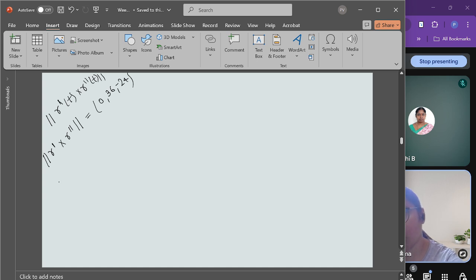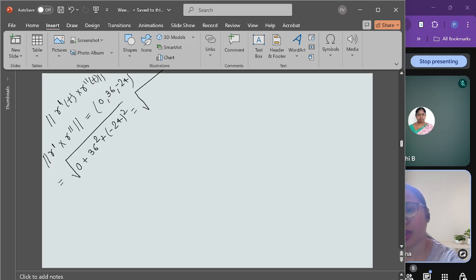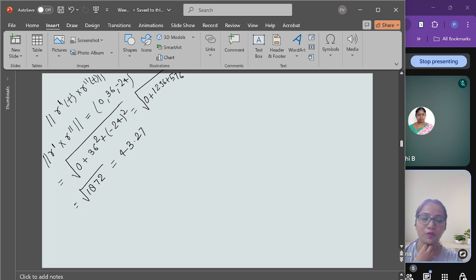So you will get the square root of 0 plus 36 square plus minus 24 square. If you do the calculations, you will get 1296 plus 576. If you add these, you will get 1872, and overall you will get 43.27. You can calculate it with a calculator.